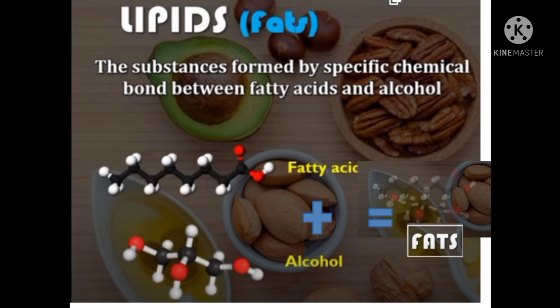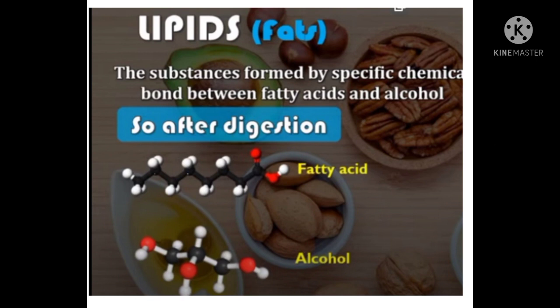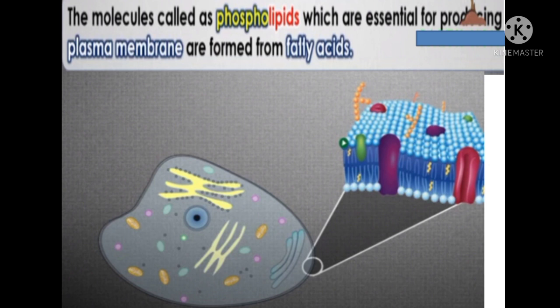Fatty acids are absorbed and distributed everywhere within the body. From those fatty acids, different cells produce various substances necessary to themselves. For example, the molecules called phospholipids, which are essential for producing the plasma membrane, are formed from fatty acids.